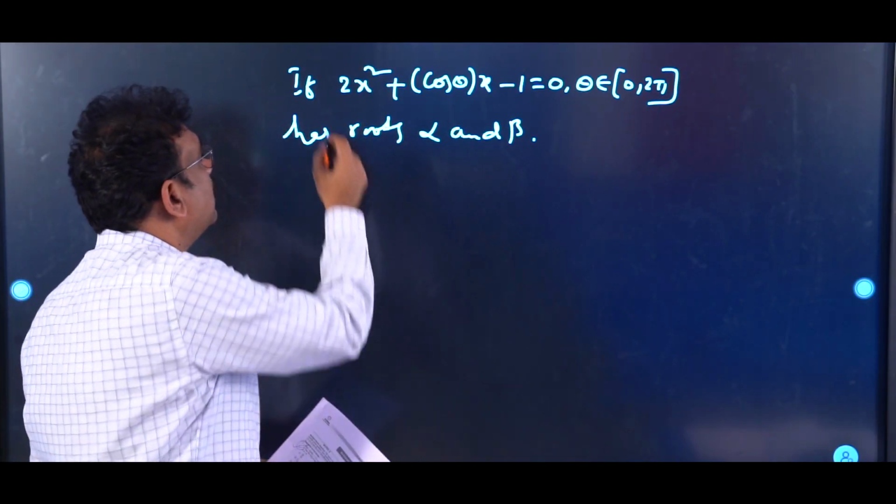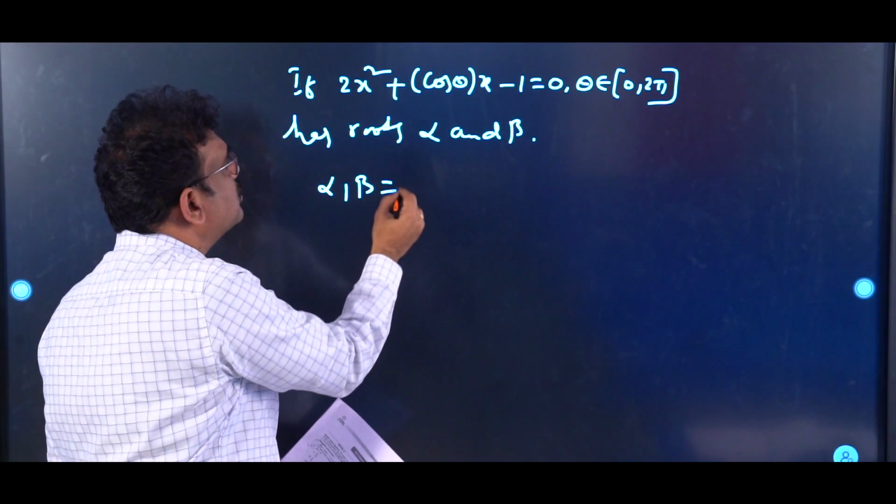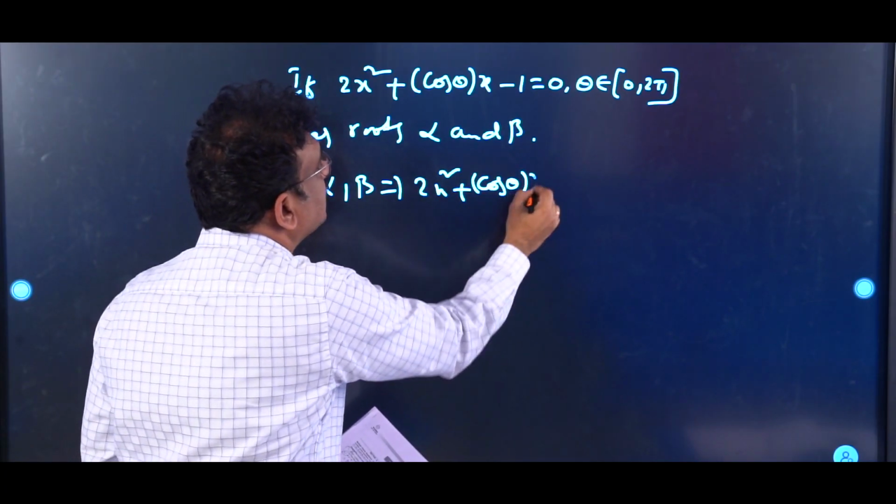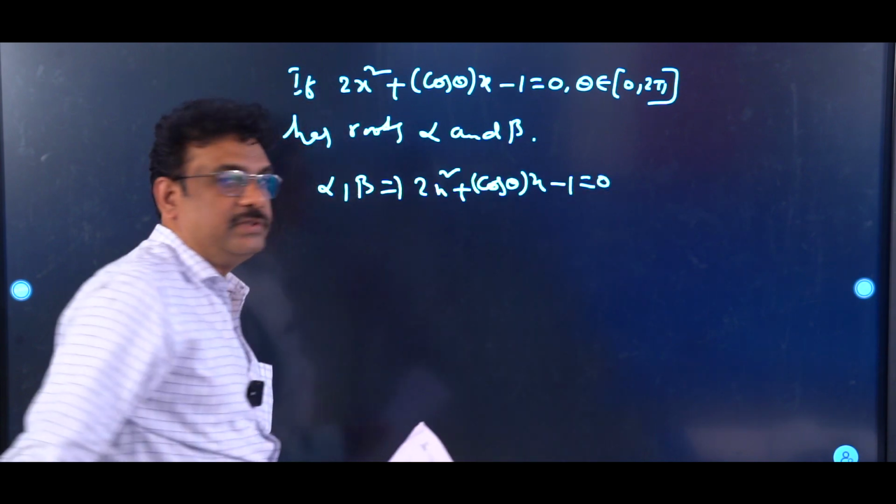Okay, here alpha, beta are roots of 2x square plus cos theta into x minus 1 equal to 0.